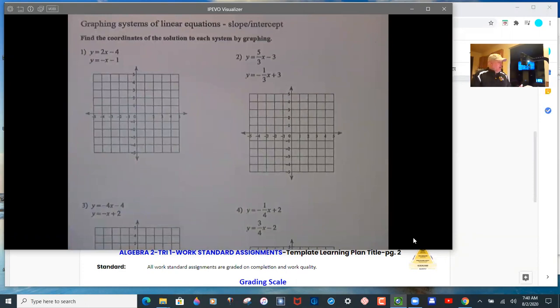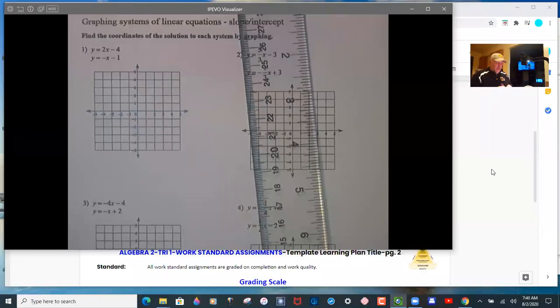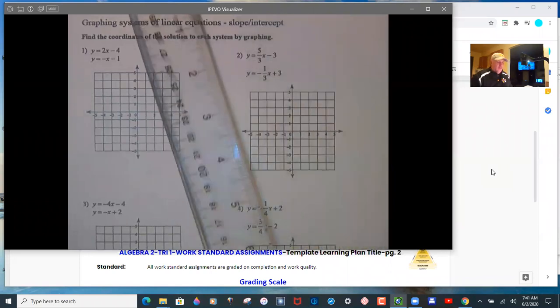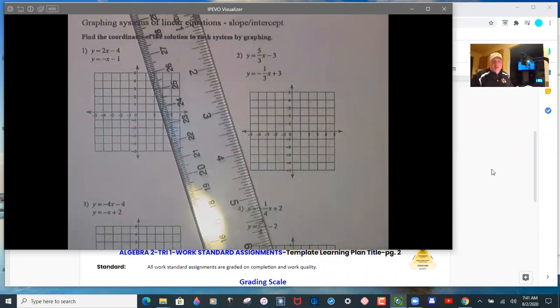So solving by graphing, essentially what you're going to do is graph with a straight edge, I might add, with a straight edge. So I had to pause and go find mine. And then you're going to find the point of intersection and then just double check it back into both equations.